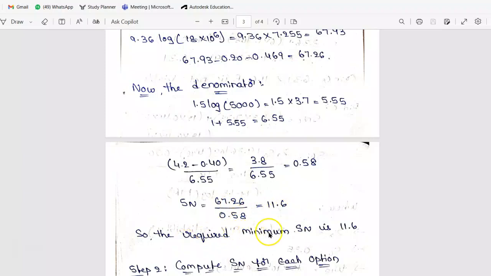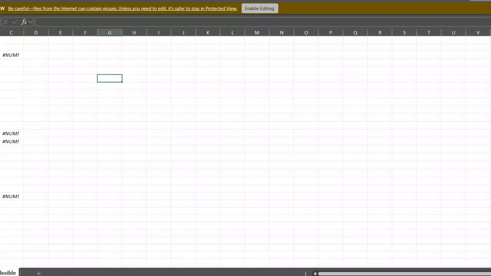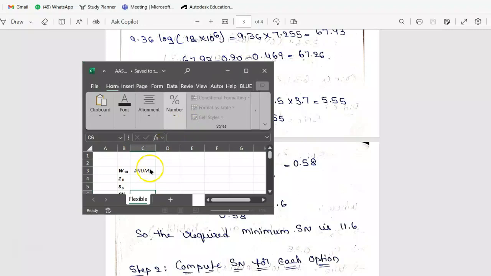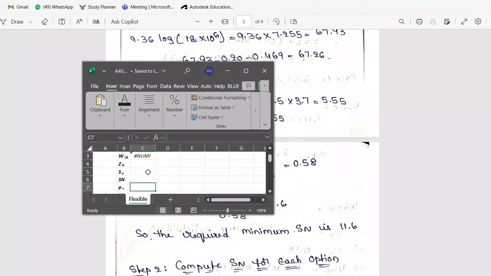So the required minimum Sn is 11.6. This is step 1 to get the value of Sn, where Sn equals 11.6.